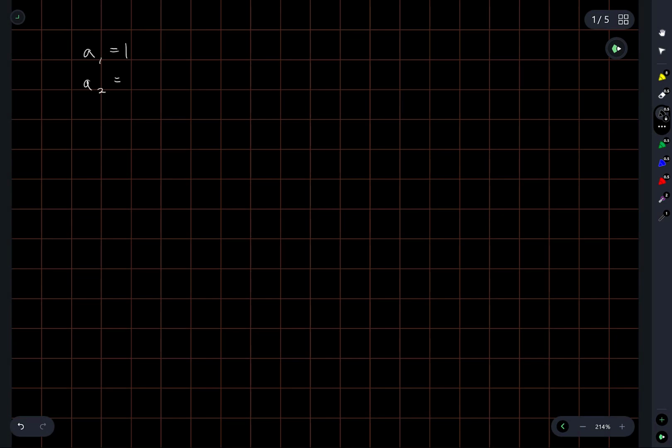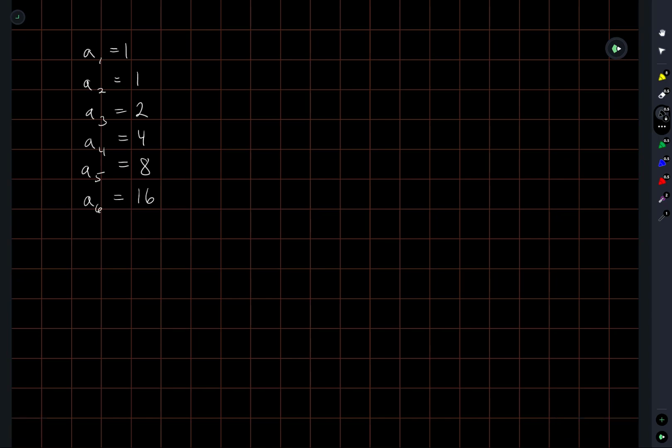Then A2 is equal to 1, A3 is equal to 2, A4 is equal to 4, A5 is equal to, oh, look at this. Does this make sense? This should make sense, right?